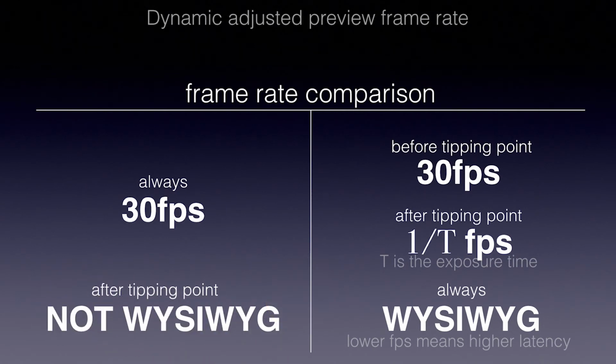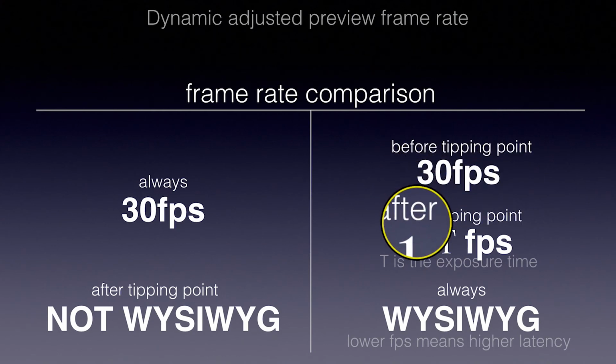After this upgrade, before the tipping point, you can always be sure that you have a faster shutter speed than 1/30 of a second, so you can always achieve a 30 frames per second refresh rate. After the tipping point, it gets darker and darker, and your exposure time will be slower than 1/30 of a second.